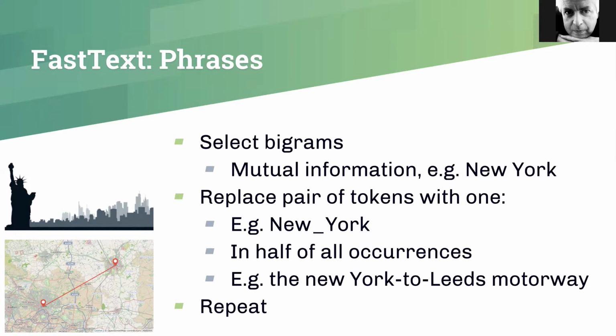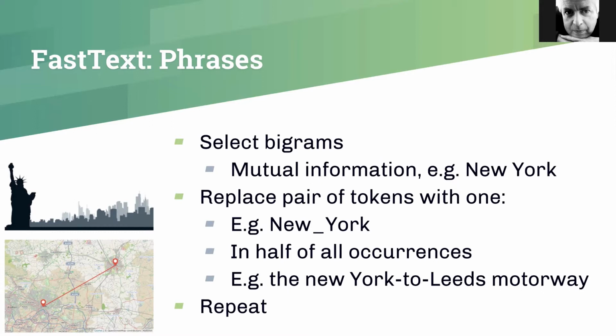For example, the phrase New York appears far more often than might be predicted from the prevalence of the words new and York. Having identified interesting bigrams, the pair of tokens is replaced with a special token representing the phrase, but they only do this half of the time. The reason for this is that even strong bigrams can also appear together by chance.